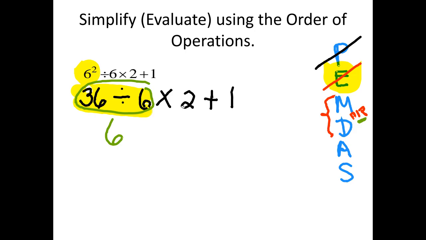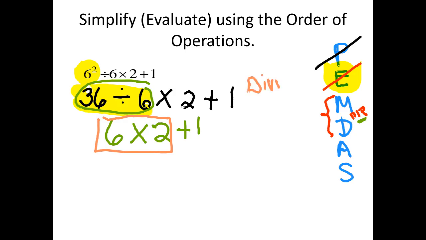Then it's times 2 plus 3. Do I have a multiply or divide? Yes, right here. I divide before I multiply. And I do that because of this little word, or whichever comes first.